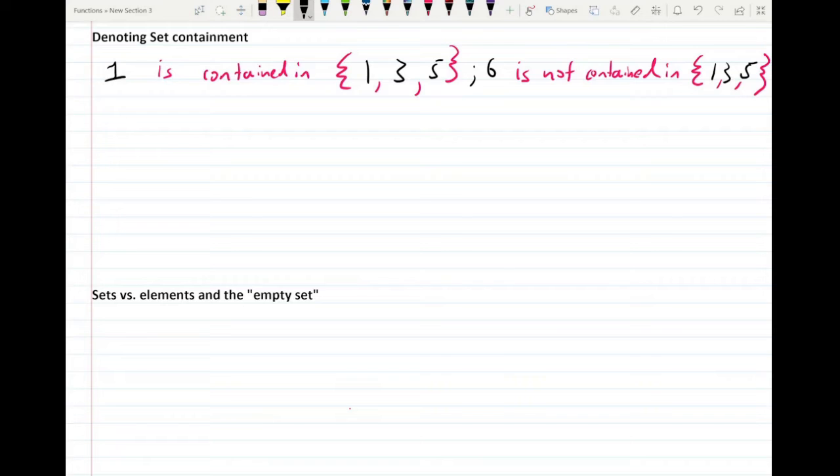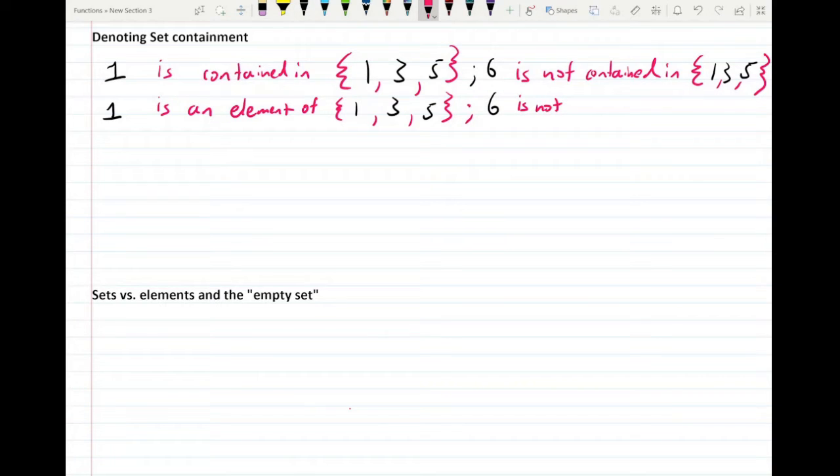More formally, we might say that 1 is an element of this set, 1, 3, 5, whereas 6 is not an element of that set, namely, the set containing 1, 3, and 5.